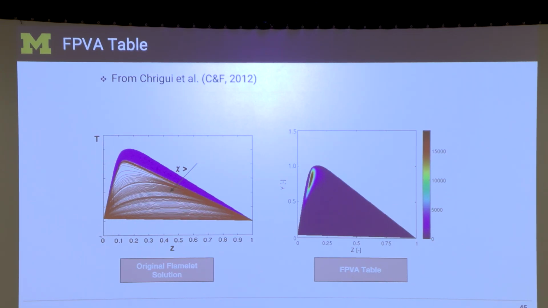What you see on the right-hand side is the same table, but now written in terms of Y, which is your reaction progress variable, and Z, which is your mixture fraction. So you take a bunch of flamelet solutions, you recast them, and then you get your FPVA table. Now this is your manifold. It's a function of Y and Z, no dissipation rate anymore. It's mixture fraction and reaction progress variable, and then you solve all your LES equations based on these two variables.